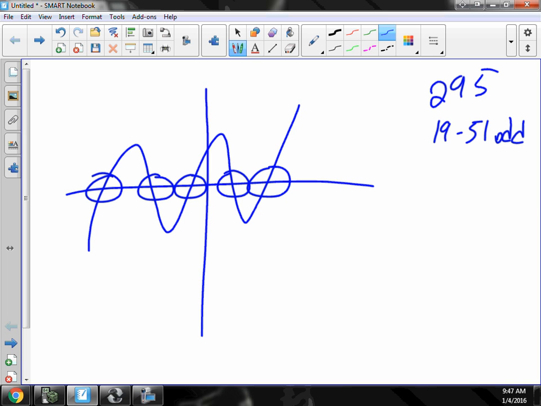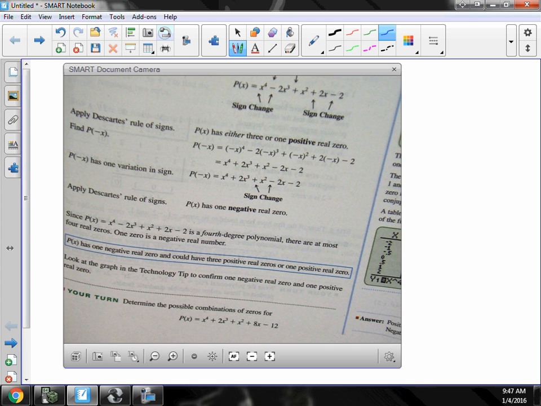And Descartes said, if you look at the signs of the entire polynomial, you can figure out roughly how many positive roots and how many negative roots there are. So let's go back. So if you look at 287, this is Descartes' rule of signs.